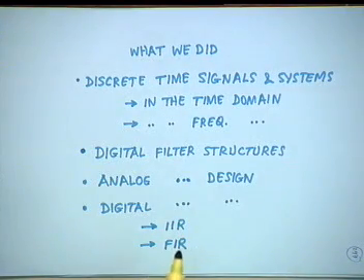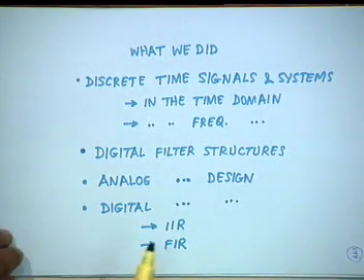In the time domain we showed how to calculate the convolution, we gave some tricks, and then the rest of the semester we spent on filters. First we discussed digital filter structures, and then as a prelude to digital filter design we did fairly thoroughly analog filter design, and then we talked about digital filter design, IIR as well as FIR.